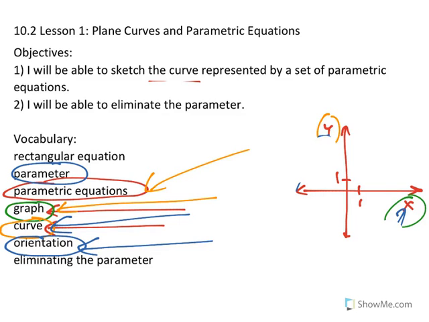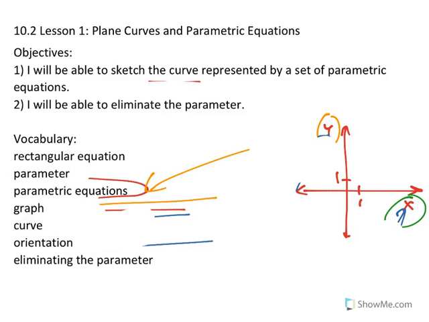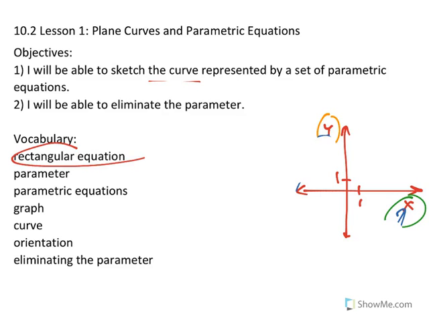Sometimes you might just want to easily graph a set of parametric equations. And for that purpose, you may want to represent the graph represented by the set of parametric equations using a rectangular equation.